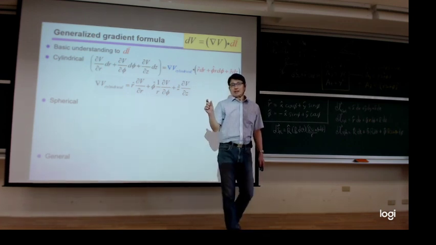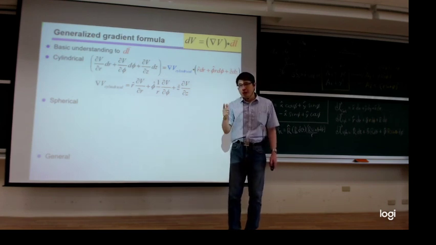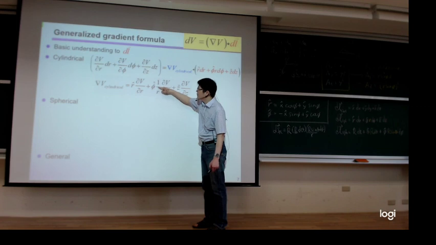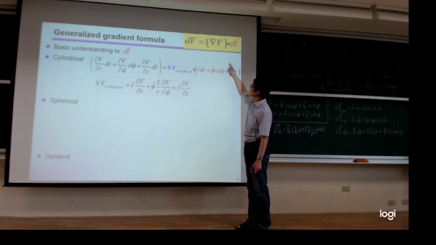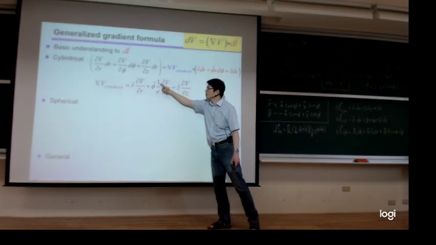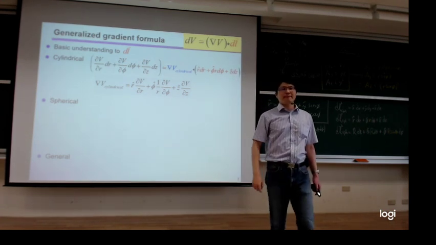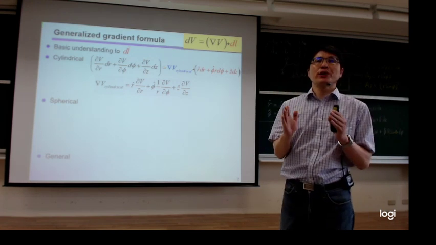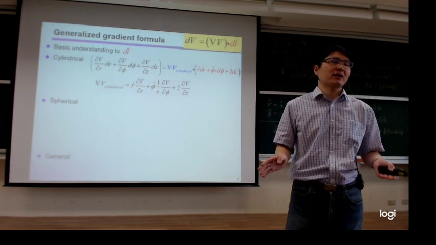So for the gradient of v in cylindrical coordinate, the phi component is del v del phi, but then you have to remember to divide it by r. Why do you have to divide it by r? Because here in your dl, you have a multiplication of r. So this r times this 1 over r gives you this one. Okay? So this is the most straightforward way. Once you know this, there's no need for you to memorize anything.